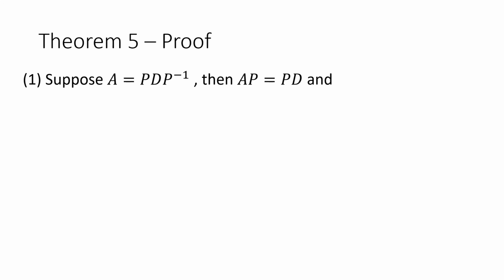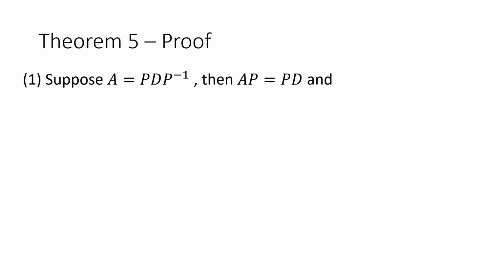This is a proof that says if and only if. In an if and only if proof, you have to say that if the first thing holds, then the second part has to hold. Then you say that if the second part holds, the first part has to hold. So there's two parts to proving an if and only if statement in mathematics. So the first thing we're going to do is the first part.